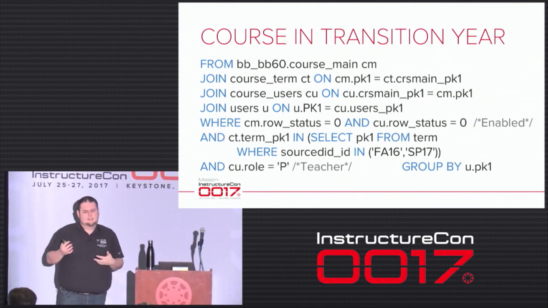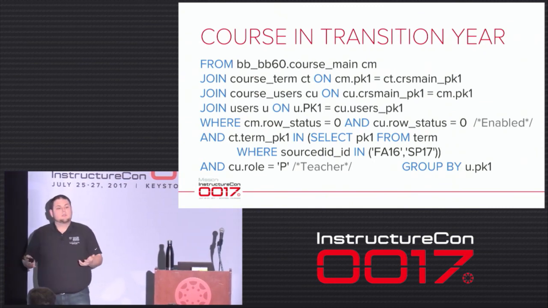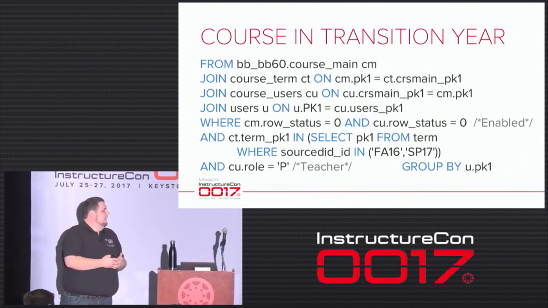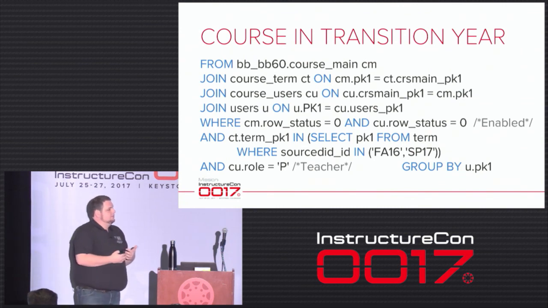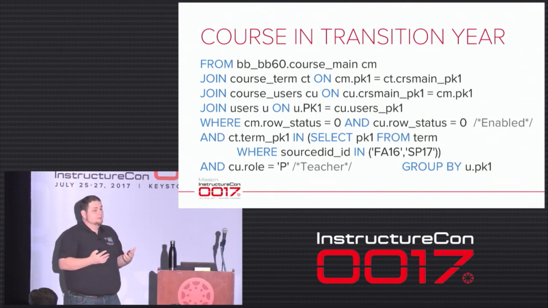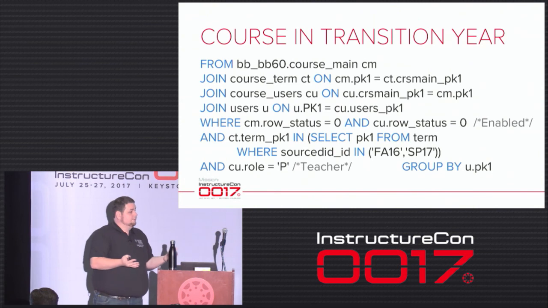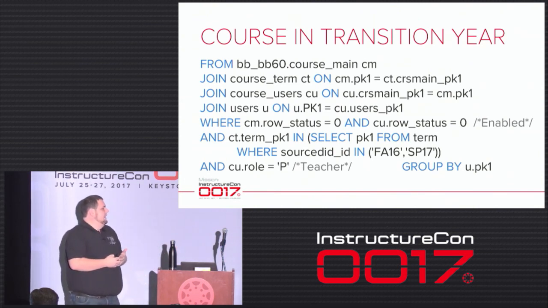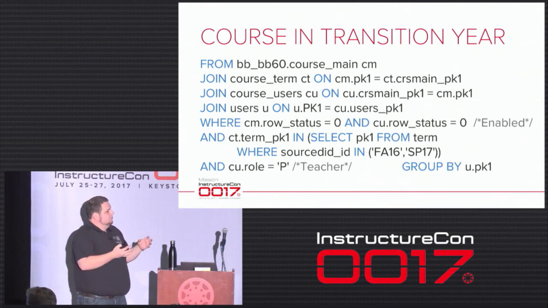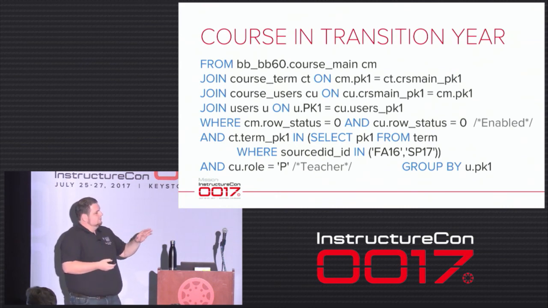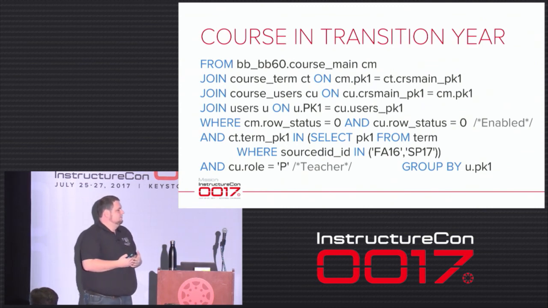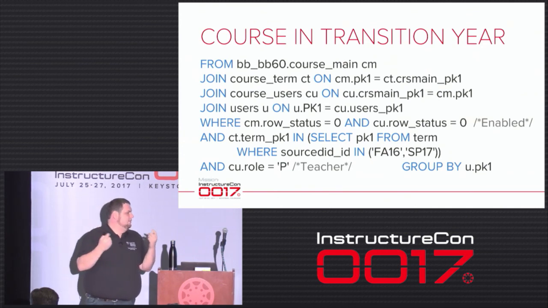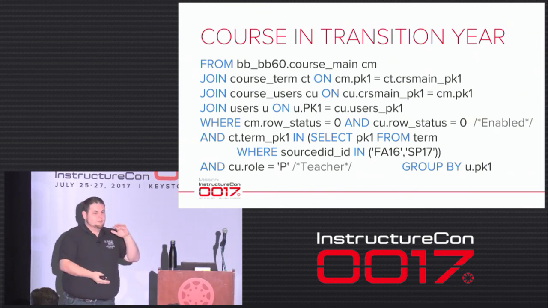That's equivalent to saying that the course is not deleted in Canvas, and that the course user row status is 0. That's equivalent to saying that the enrollment workflow state is not deleted in Canvas. And then I chose the ones where the term was from our transition year, fall 16 or spring 17, where the enrollment role was teacher. That's P on that table, and then grouped it by user.